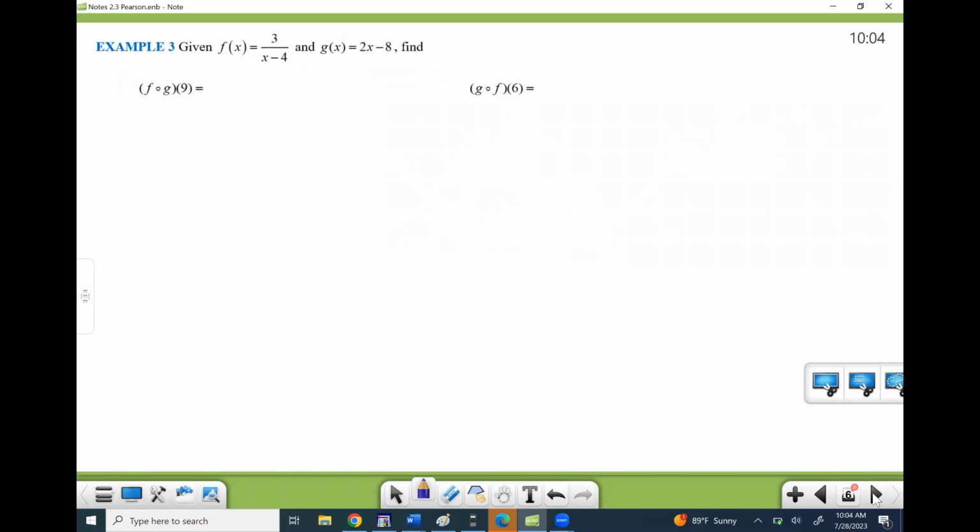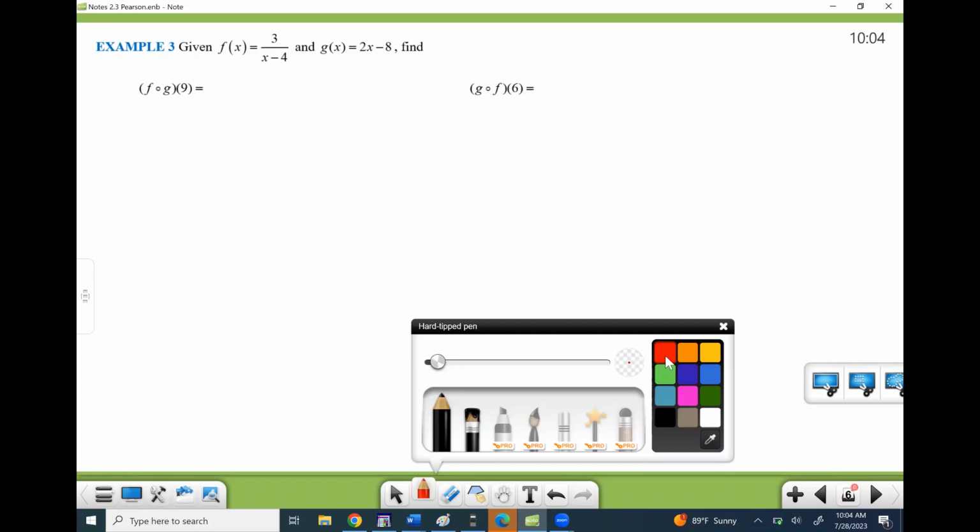Okay, so now we have numbers. You could do it the same way that we just did it, and that's fine, but I find that when there are numbers, there's an easier way. When there are numbers, we still work from right to left.